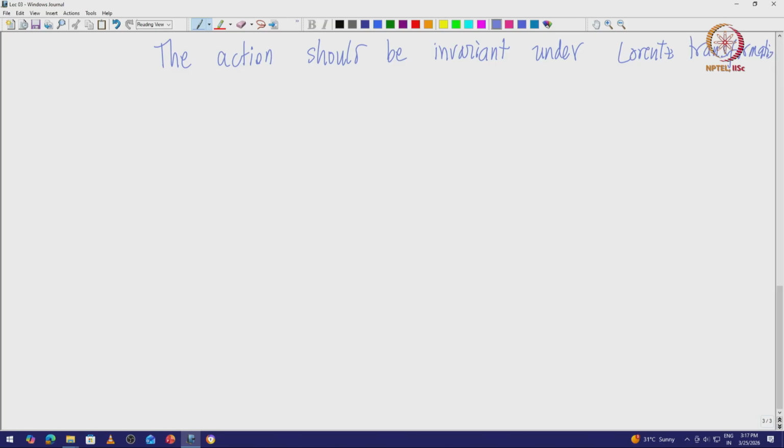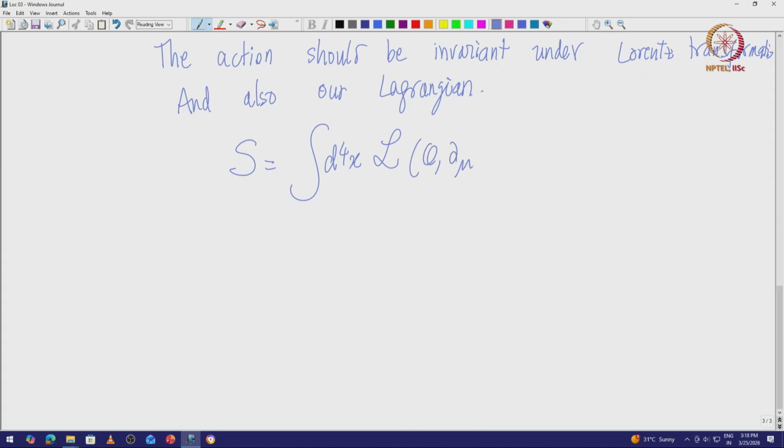And also our Lagrangian. So, instead of working with Lagrangians, we work with Lagrangian densities, so that the action S is defined as the integral of d^4x, which covers all the 4 indices x0, x1, x2, x3, times the Lagrangian density, which is a function of phi and del mu phi for the scalar field.